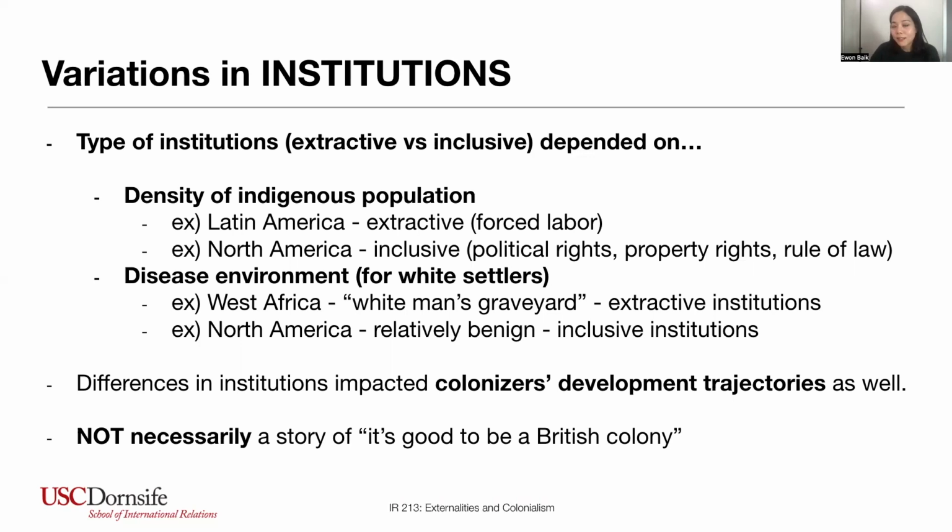European settlers could live easily without fear of high mortality owing to tropical diseases or other threats, right? They brought diseases to the new continent, but they themselves were relatively less affected by it. In these regions, people from the colonial powers went and settled in the colonies, and they were able to create institutions that provided better public goods, like better education and better roads, and institutions that were capable, again, of enforcing property rights through the rule of law.